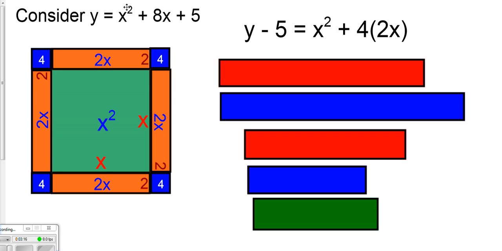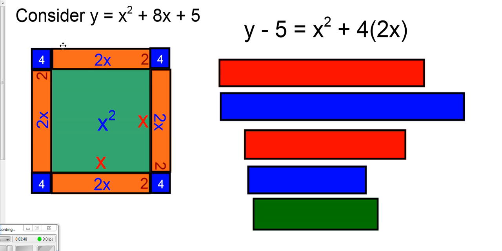So we're going to consider our equation. Because I'm mainly concerned with the x squared and the 8x, I'm going to get rid of this 5 from both sides. So I'm just going to move it over to the other side. So y minus 5 equals my x squared and my 8x. Now I split it into 4 pieces, so 4 2x's. Remember, 4 2x's still means 8x, and we can actually see here are my 4 2x's.